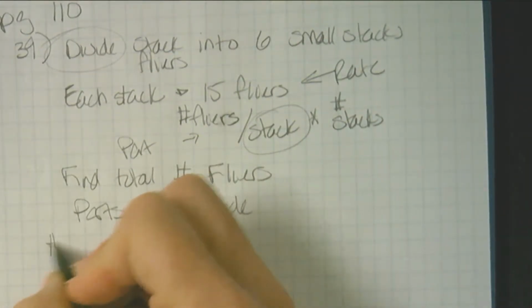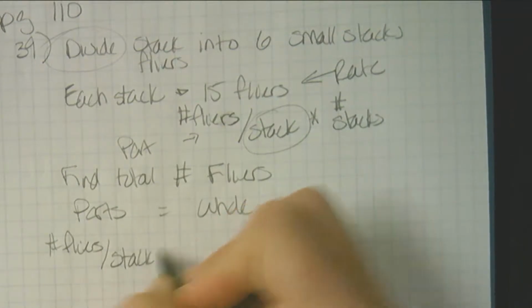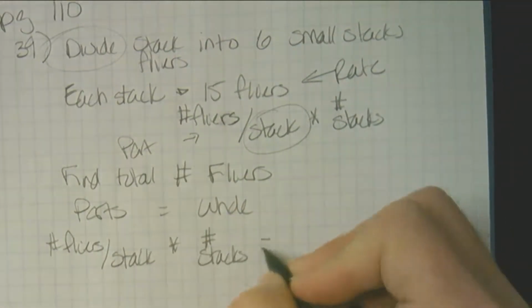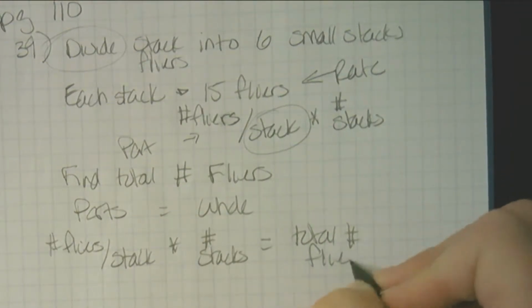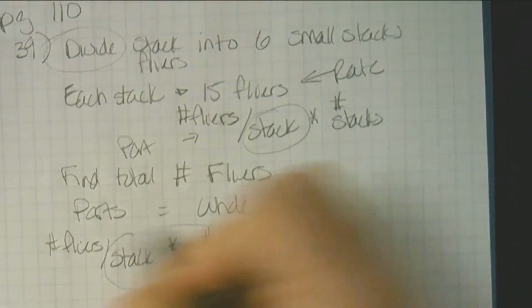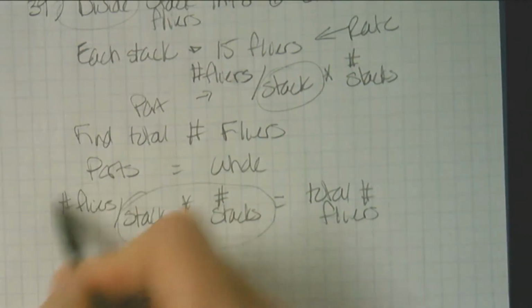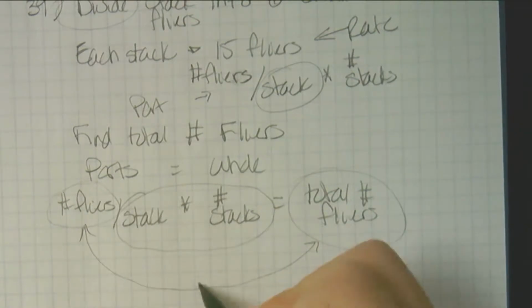So my number of flyers per stack times my number of stacks equals the total number of flyers. Remember, the units of your denominator go with what you multiply a rate by. The units of my numerator go with the units of my whole. These are the same information.